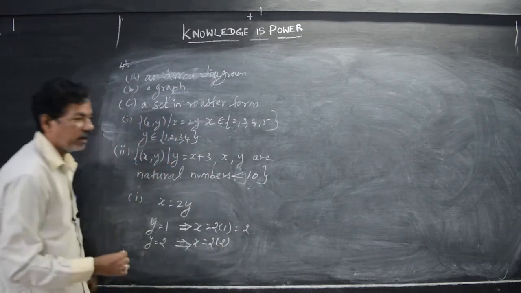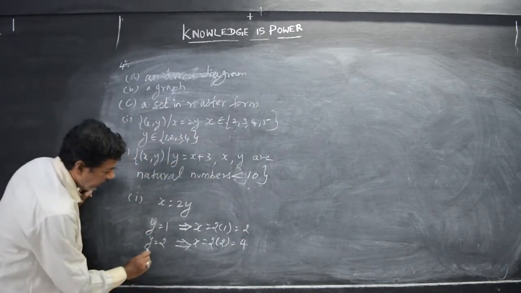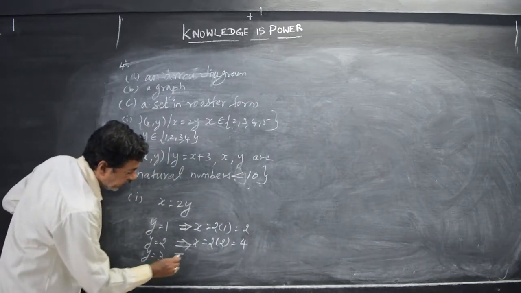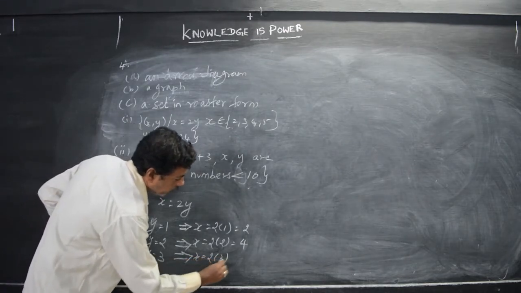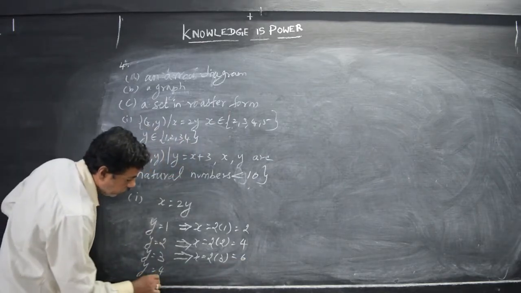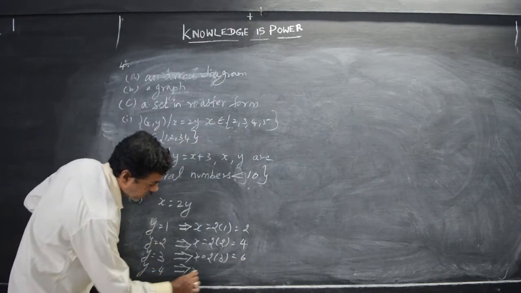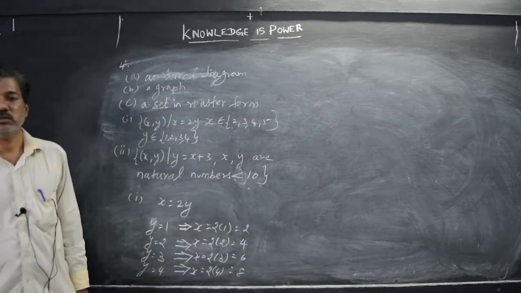In place of y, you substitute this value. So we get 4. Like that, y equal to 3, so x equal to 2 into 3, which is 6. y equal to 4, then x equal to 2 into 4 equal to 8.